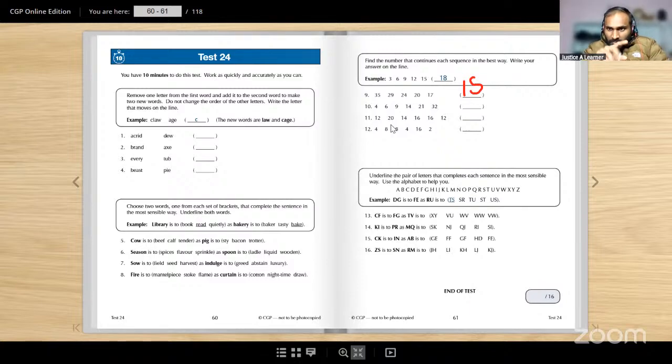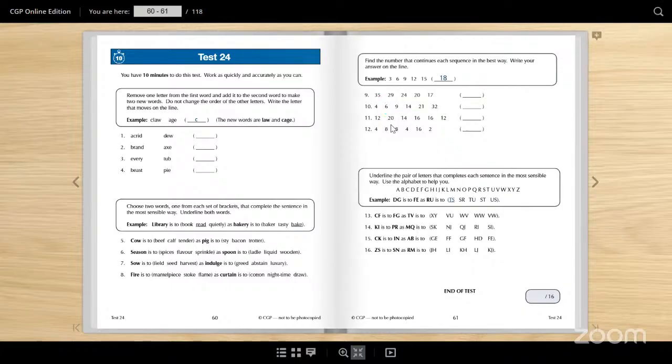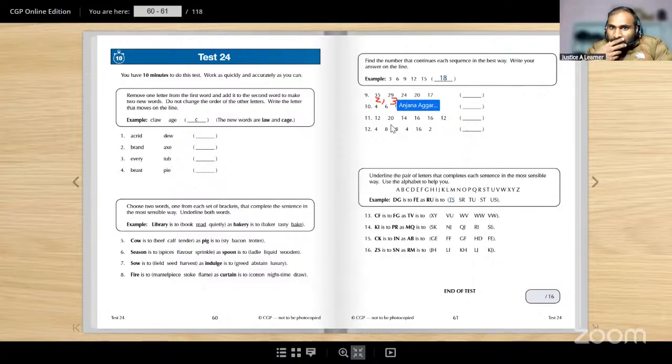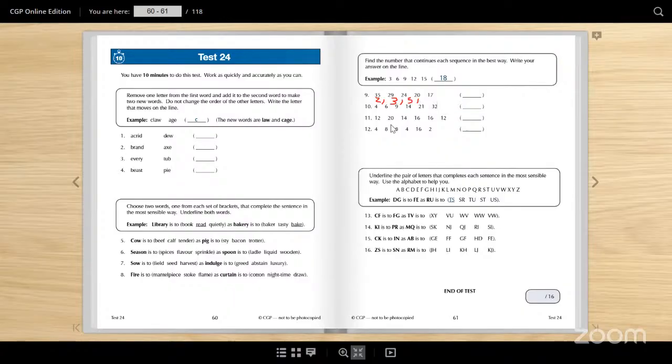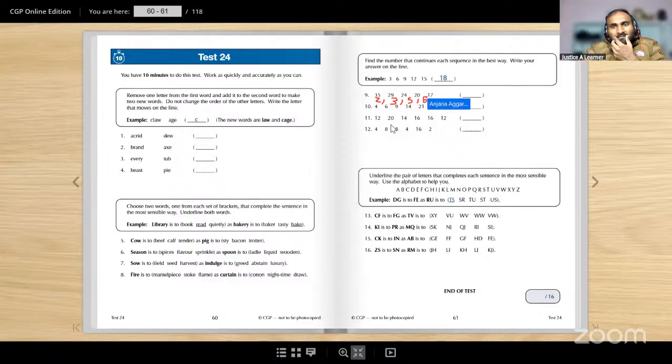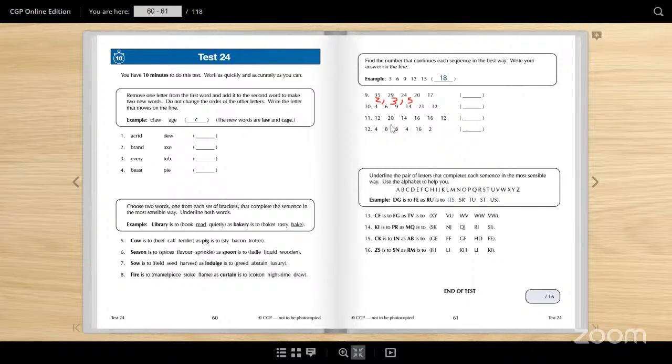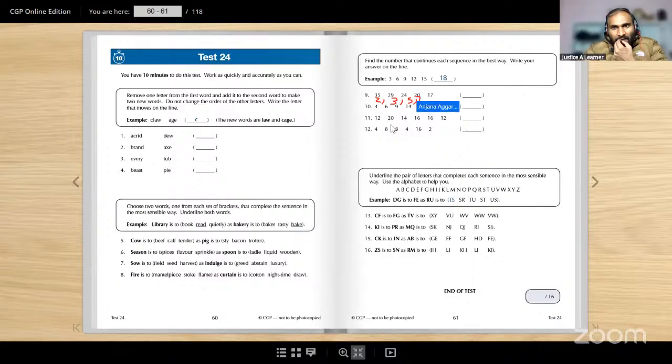Like first one, 2, just write it down. 2, comma, the next number, comma. What was it? 7. 14 plus 7 is equal to 21, right? Yeah. 7. And then 11.